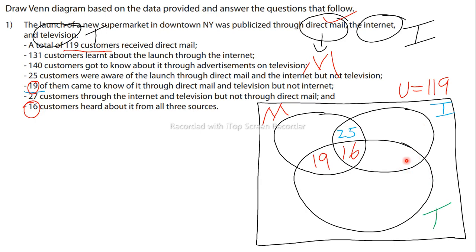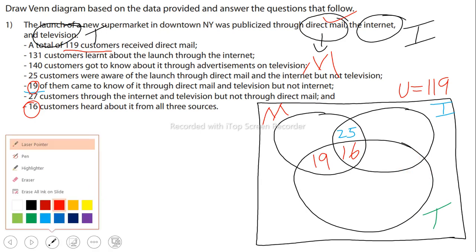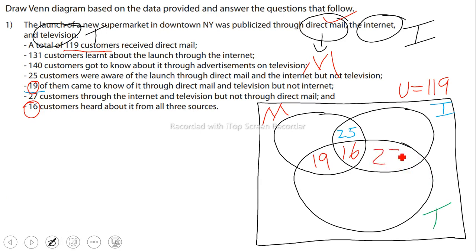So 27 right there. Now we have our intersections out of the way. So we're pretty good. This is an easy question, I tell you. They tell you it as is, and so this is a very good question for us to begin with.